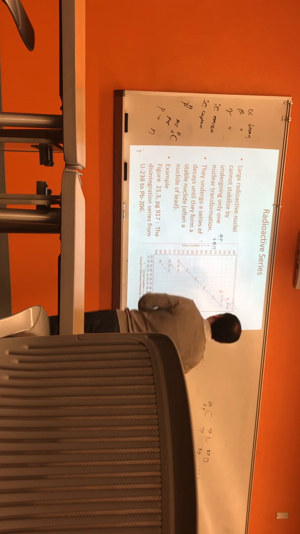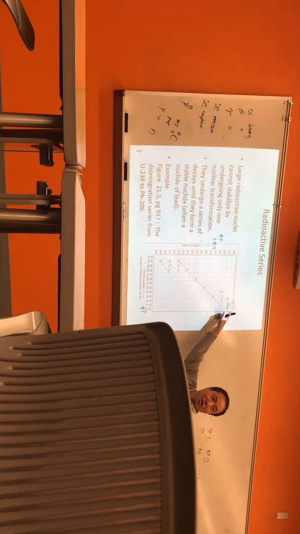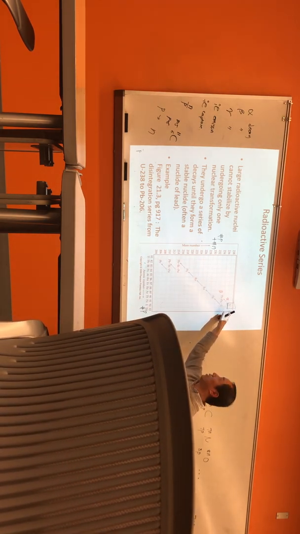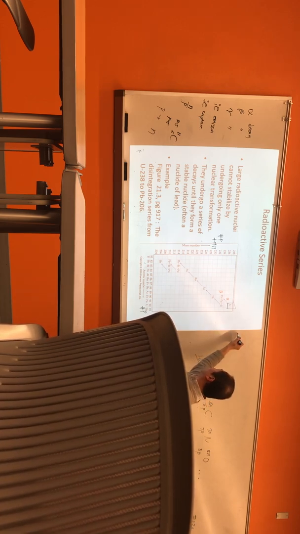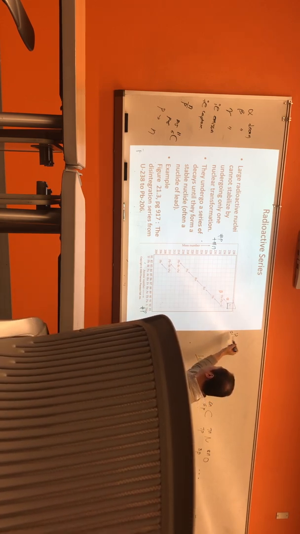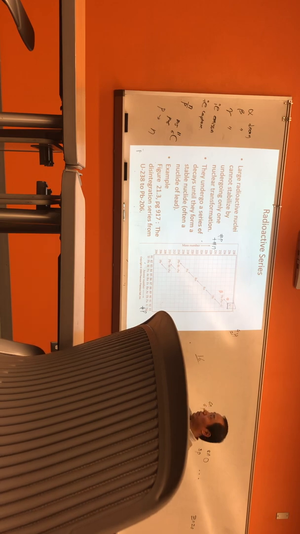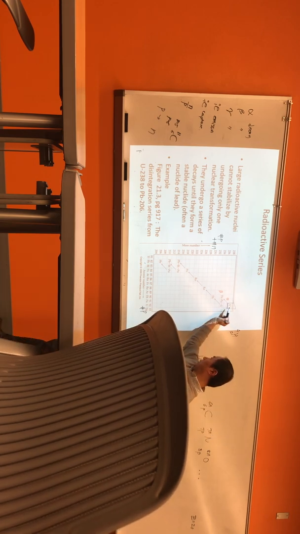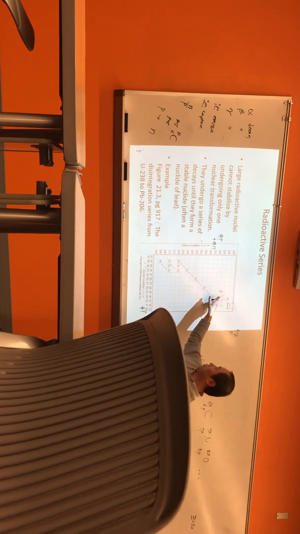Because uranium is too heavy, it will start alpha decay. Alpha decay means you lose 2 protons and 4 in mass number. So you move 2 down on the x-axis and 4 down on the y-axis.